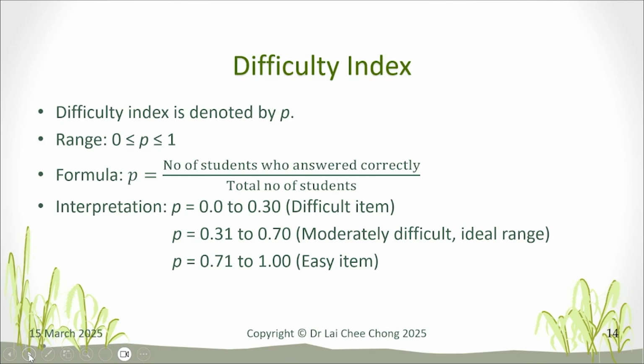You have something in between. Not too difficult, not too easy. They can do that. If you go beyond, 0.71 to 1, you throw away the test item. Everybody can do it. They're quite happy because they all pass with flying colors with this test item here. So these are the things you can do for the measurements. Okay? So this is called the difficulty index.